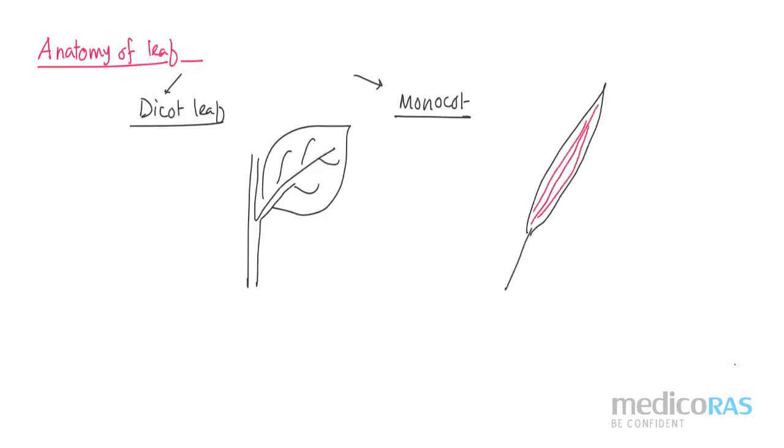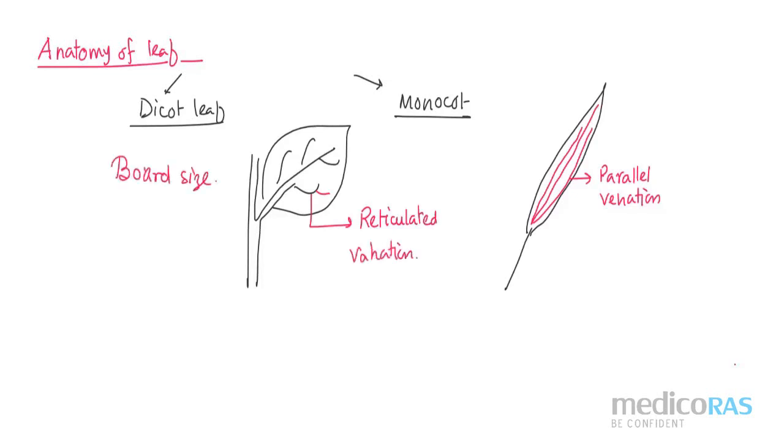In case of monocot, it has the parallel kind of venation, whereas in case of dicot leaf, it is reticulate venation. So the first part is the broad size leaf and here the narrow size leaf. Again, this is the second point, the reticulate venation and the parallel venation.